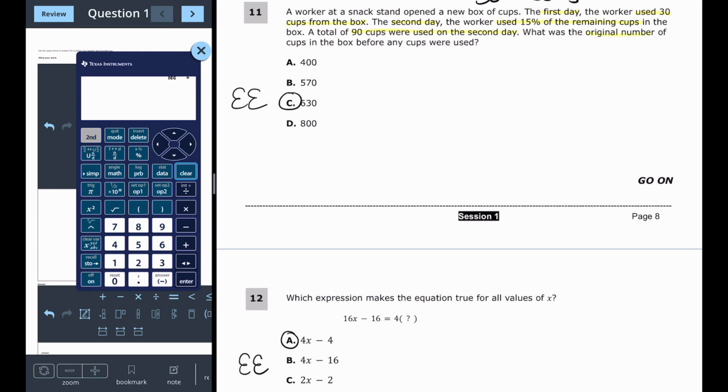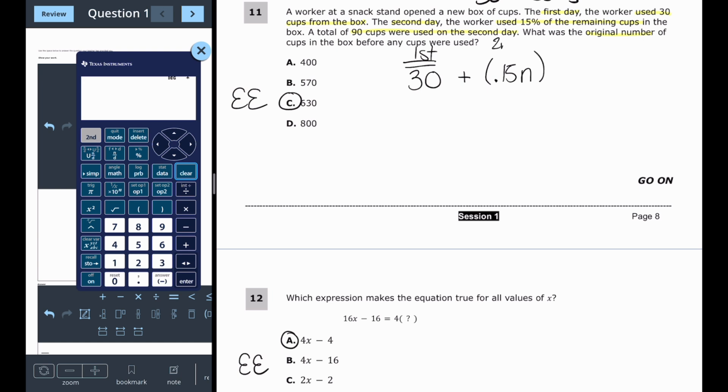So let's go through it piece by piece, and I'm going to try to write this as an expression. On the first day, there were 30 cups. This is the first day. And then on the second day, he used 15% of what was left in the box. So I'm going to express that 15% as a decimal, 0.15 times whatever was left in the box.